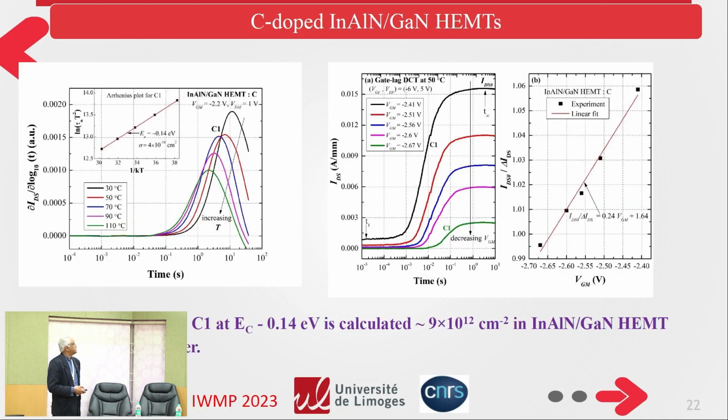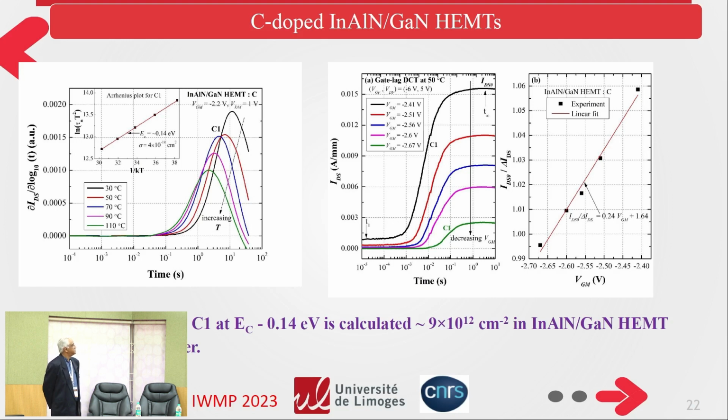So we have done this also for the C-doped buffer with an indium aluminum nitride/GaN barrier. On the left side I present the derivative of DLTS in order to calculate the activation energy and capture cross section. For this C-doped buffer, we have 0.14 electron volt with a capture cross section of 4e-18.